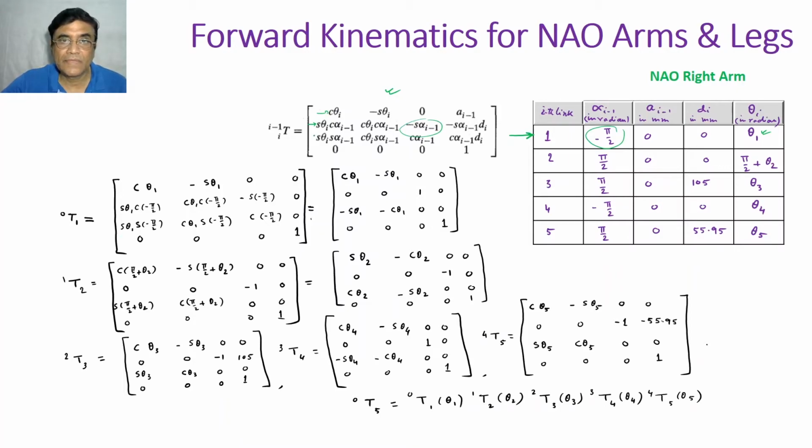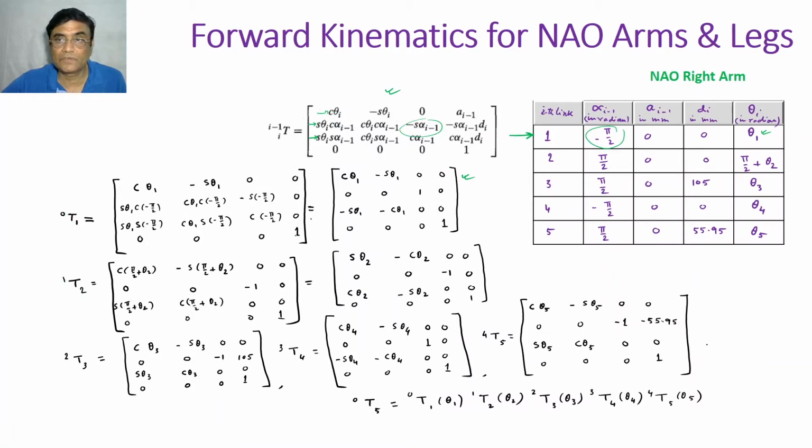Then come to this row: sin theta 1, sin of minus pi by 2, very simple. Cos theta 1, sin minus pi by 2, cos minus pi by 2, 0, 0, 0, 1. And you are getting this matrix. So this is actually link 1 with respect to 0.